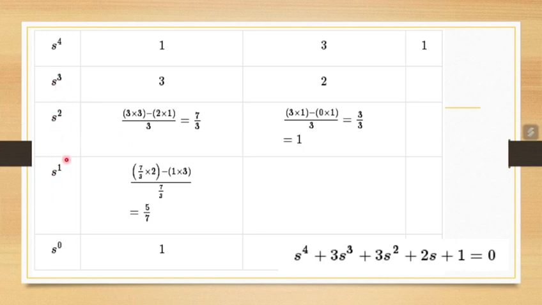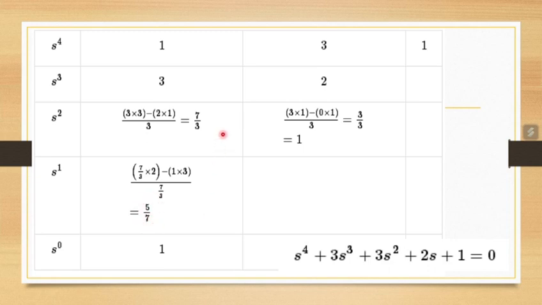For s power 1, we'll consider the rows of s power 2 and s power 3. The calculation will be 7 by 3 into 2 minus 1 into 3, divided by this element value 7 by 3. If we simplify this, we'll get 5 by 7, right?